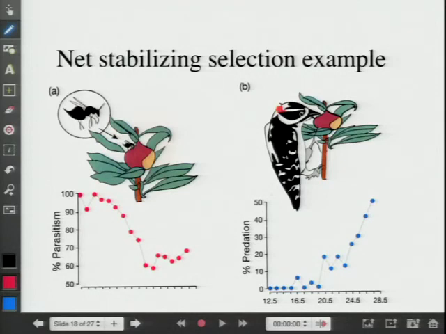So stabilizing selection decreases variability, first of all. Second, things aren't here because of their effects on populations and species. Remember, we were talking about levels of selection. Things are the way they are because of their effects on the fitness of individuals, which should give you a hint. The reason I'm getting at number one is, why are you here?